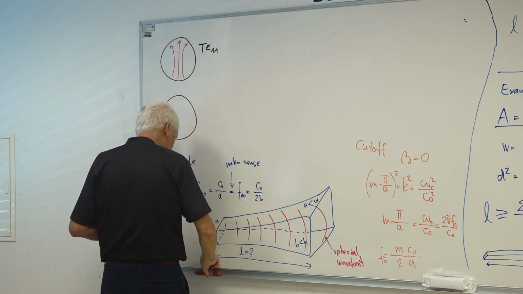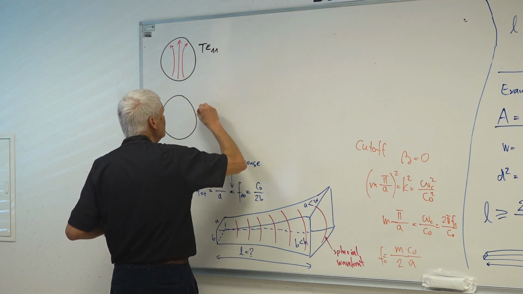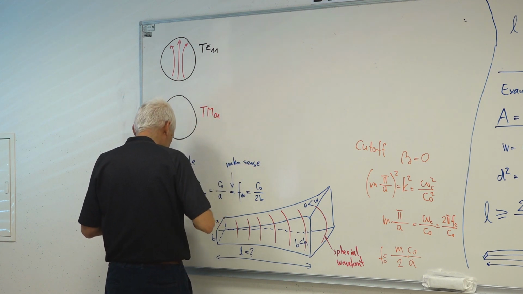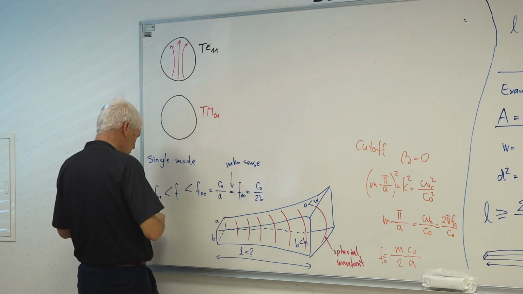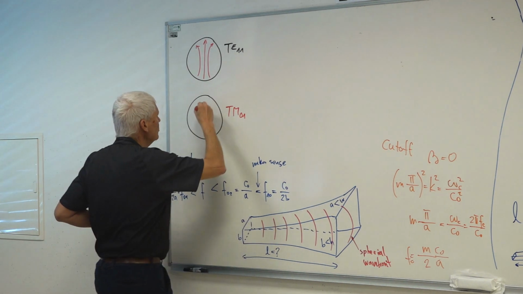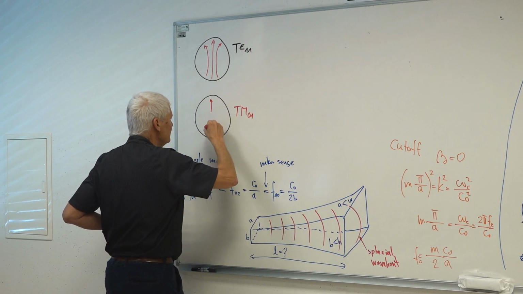So this is TE11. And the next higher mode is TM01. TM01 looks like this. The electric field goes radially from the center of the waveguide.